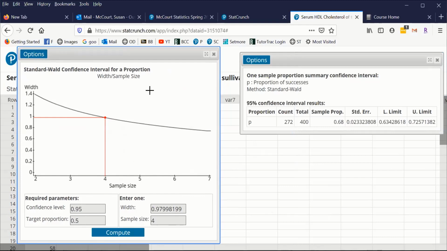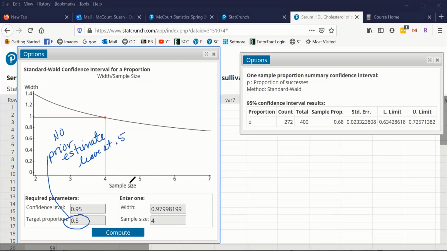Remember the whole prior estimate thing? This right here is where a prior estimate would go, but they didn't give one. So don't worry about a prior estimate, just leave it at 0.5 if there's no prior estimate. Otherwise, the prior estimate goes there.